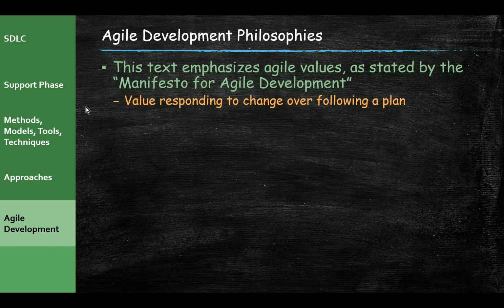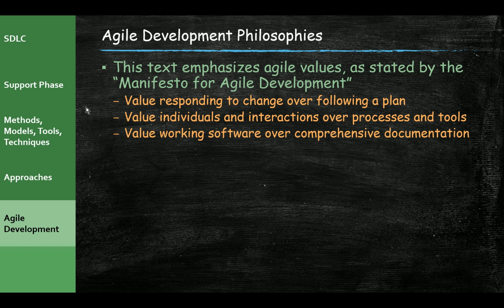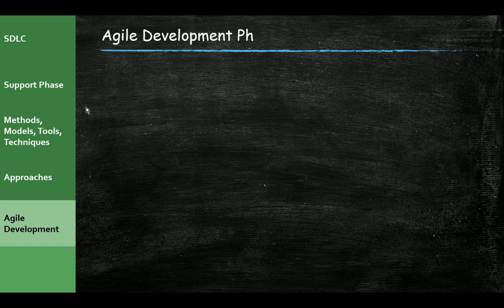So in other words, in Agile development, we would rather respond to change than strictly follow the plan. We value individuals and interactions over processes and tools, value working software over comprehensive documentation, and value customer collaboration over contract negotiation. So it's very centric on the process and the software and kind of shedding away the bureaucracy around all that.